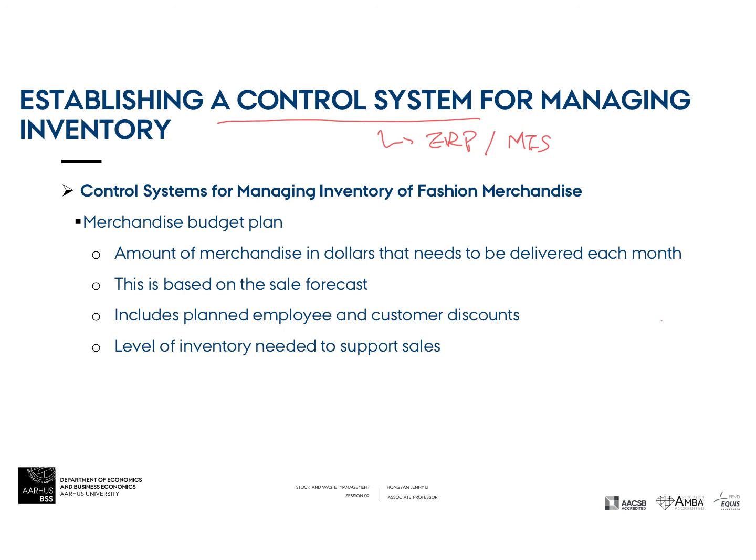Here we're talking about first needing to have a merchandise budget plan, and the budget plan shows the budget in each month. Then you should also have a sales forecast, a promotion plan, and also an inventory control plan.